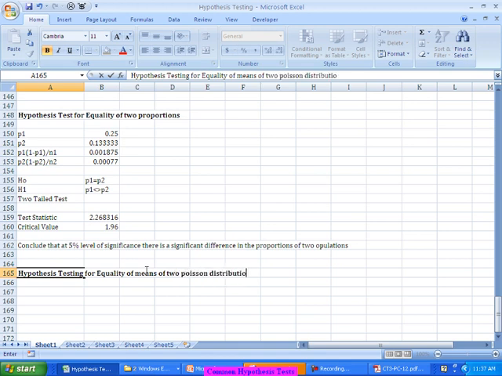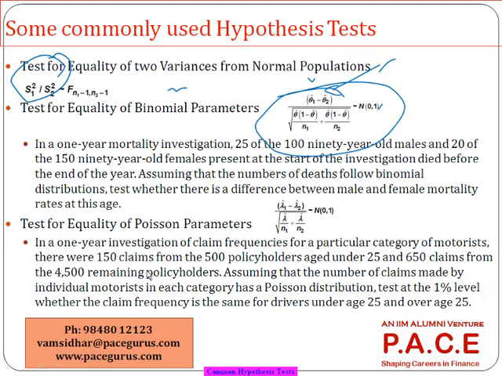Even the same logic. Look at the same. The difference of the means of the two populations divided by square root of lambda by n1 plus lambda by n2. That is the test statistic that is typically used.